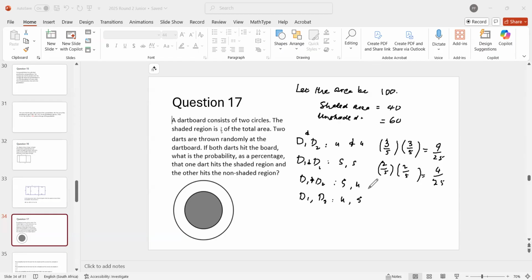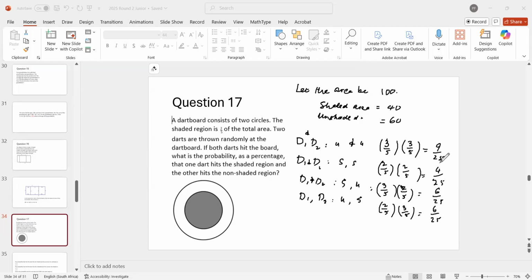So here, you can see the first will be 3/5, the second is 2/5. So that makes it 6 over 25. And here, it's the same, but you start off with 2/5. So the first dot is 2/5 and the second dot is 3/5.